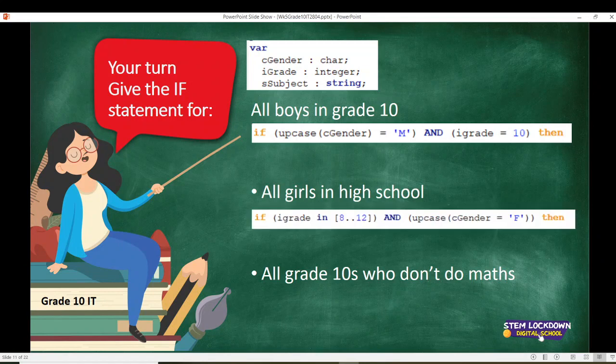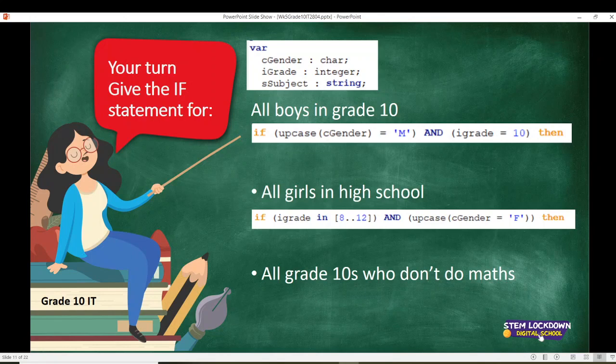Right, the solution is if I grade in 8 to 12, remember in, we did it in a previous lesson, and uppercase C gender equals F. Okay, notice the brackets around each condition, and here I have applied my in, because if I didn't use in, I would have if I grade equals 8, or I grade equals 9, or I grade equals 10, or I grade equals, you get the picture.